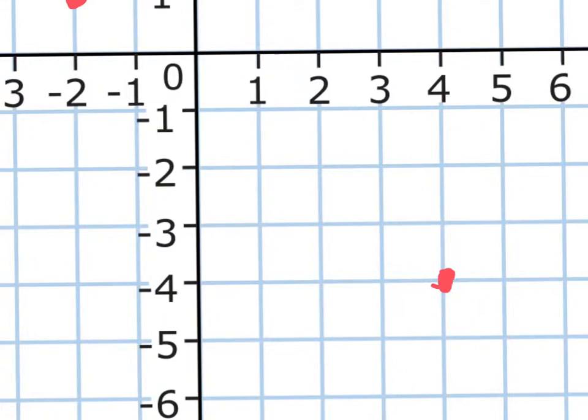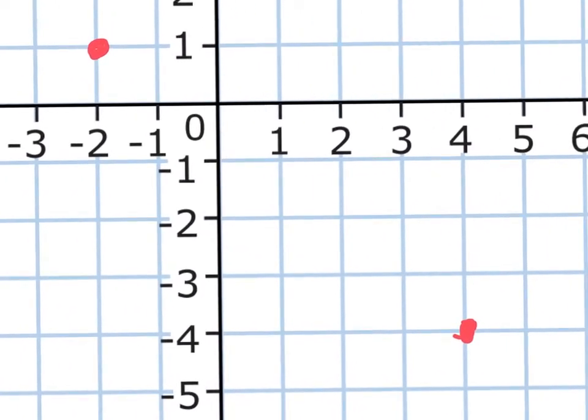So here we have our two sets of ordered pairs, and we've got to find the rise and the run. We always start on the left side, and we always go to the right. And we know that the rise is the up and down, yes? And the run is the horizontal, or left and right. So I know that if we're at 1 and we're going to negative 4, the rise is going to be negative 5 because we're going down.